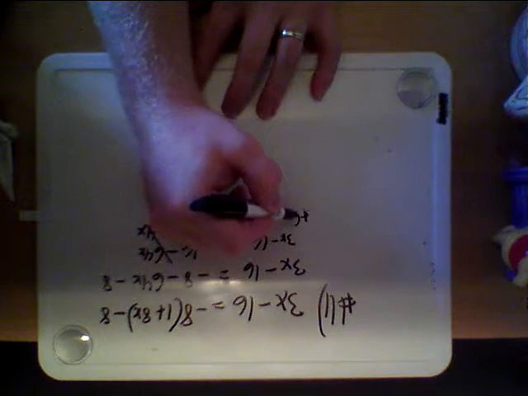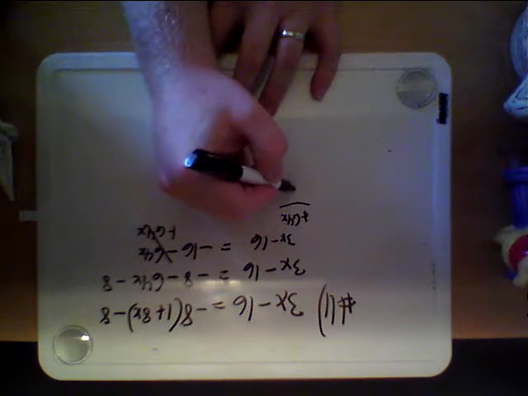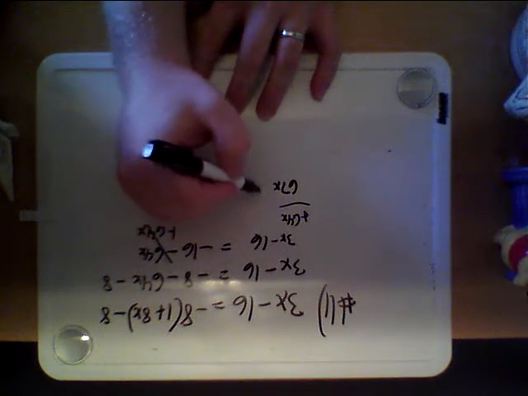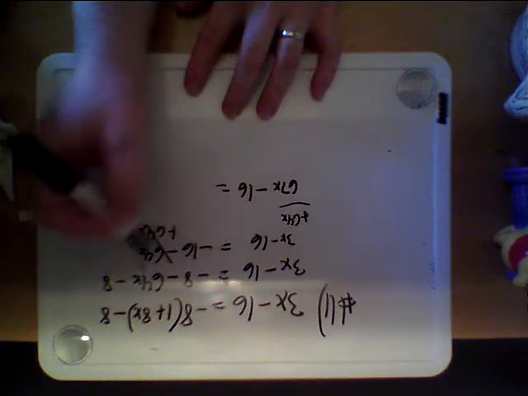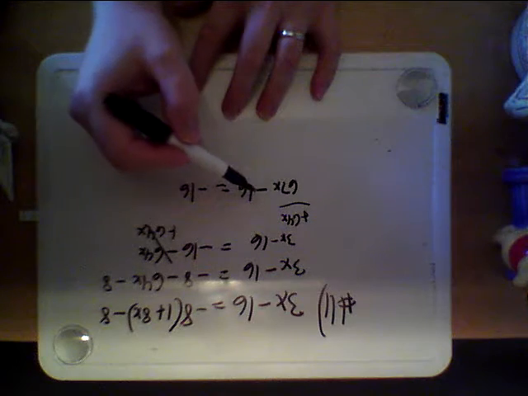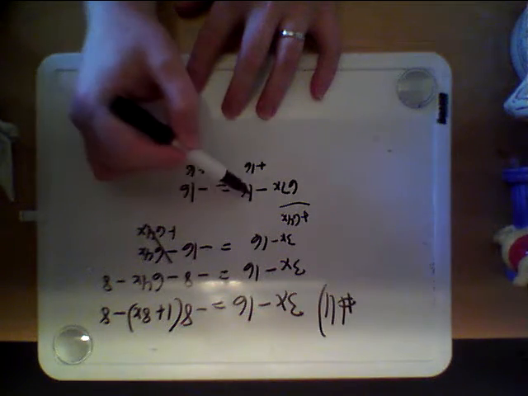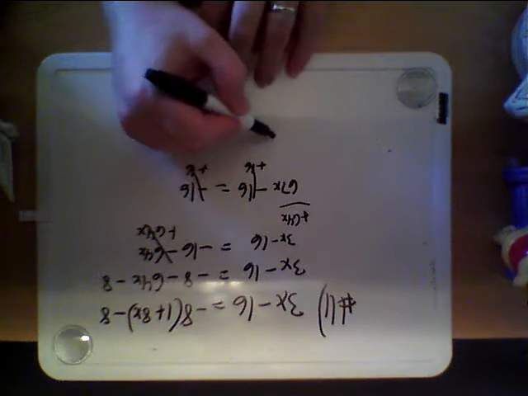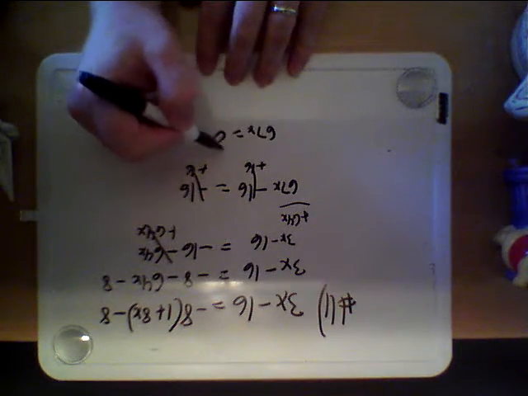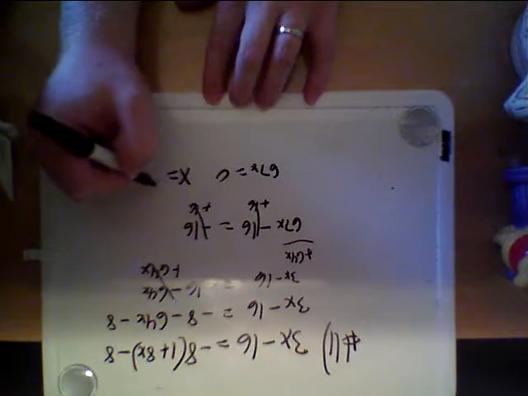And if we add 64x here, this is going to total 67x minus 16 equals negative 16. This is going to work out well, right? So if we add 16 to both sides, these both go away. So we get 67x equals 0. So after all that, we found out that x equals 0.